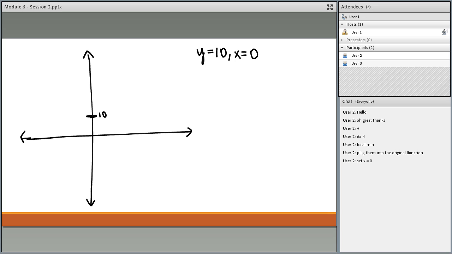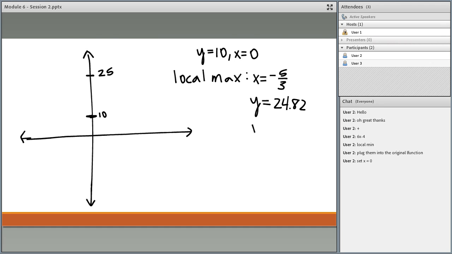I also know that the local maximum happens at x equals negative 5 over 3, and the y value for that is 24.82 roughly. And again, I rounded that just because we ended up with a decimal. So I can go ahead and label about 25.